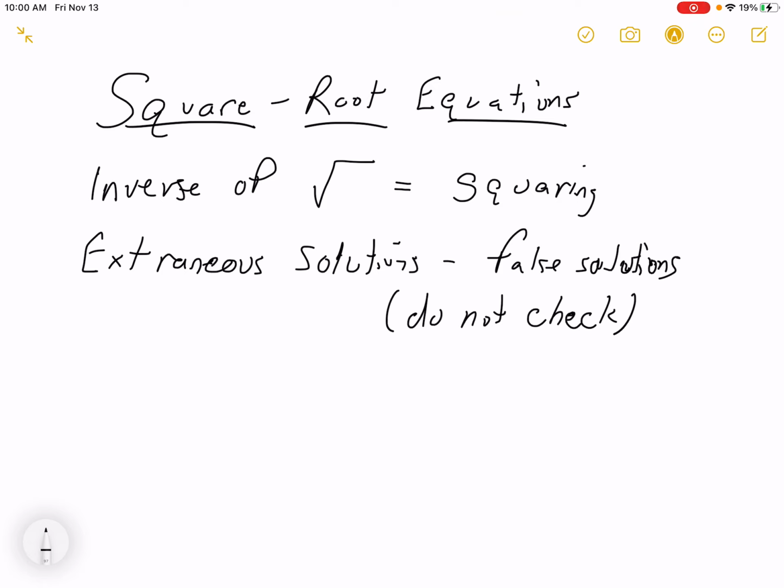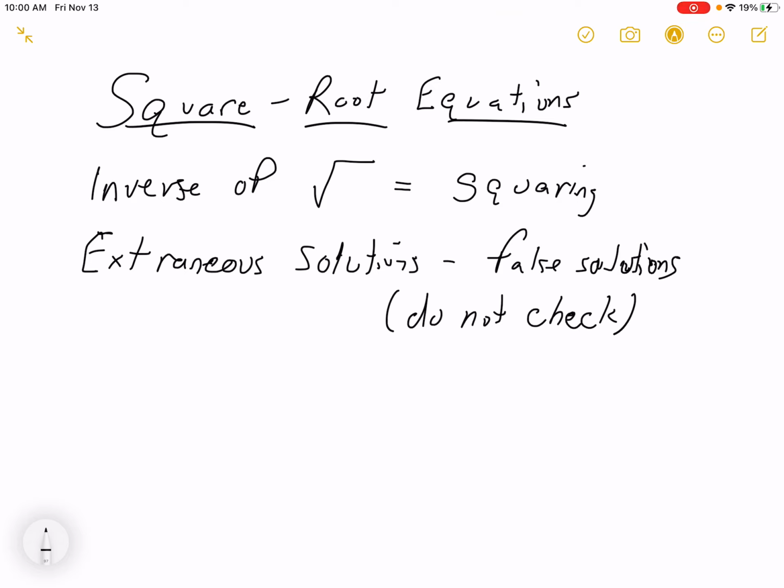When we substitute back into the equation to check it, it's not going to work out. We normally don't worry about checking our solution to an equation, but when you're solving square root equations, it's going to be necessary.